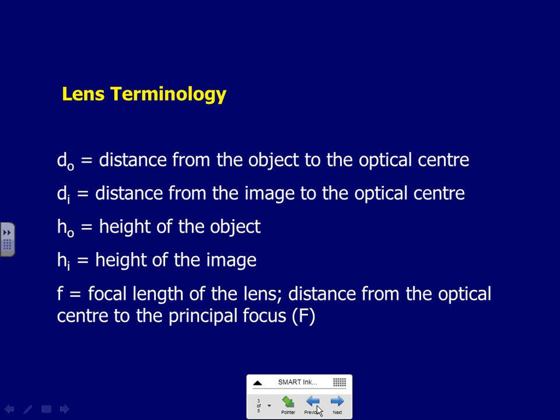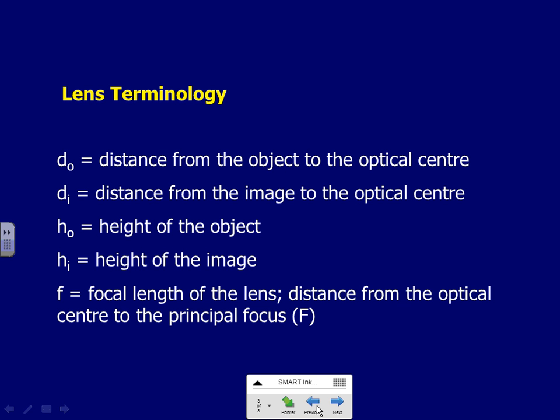DI positive. If you have it over here, DI is negative. And that goes with expecting the light to go through. In a lens, we expect the light to go through. That's what it should do. So the DI is positive if it's on the other side.